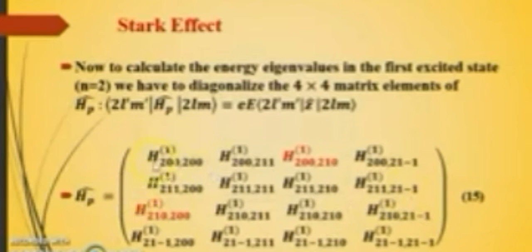So we have the matrix elements of the perturbed Hamiltonian. We start with 2 0 0 and we write all 4 terms: 2 0 0 to 2 1 1, 2 1 0, 2 1 minus 1, and this one is for the first excited state.